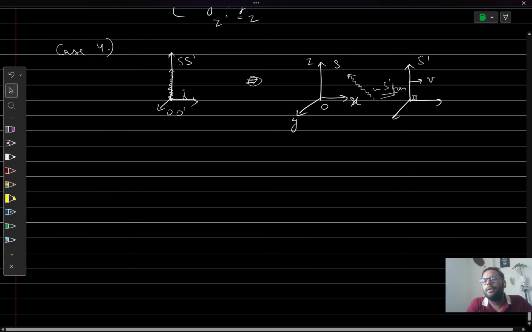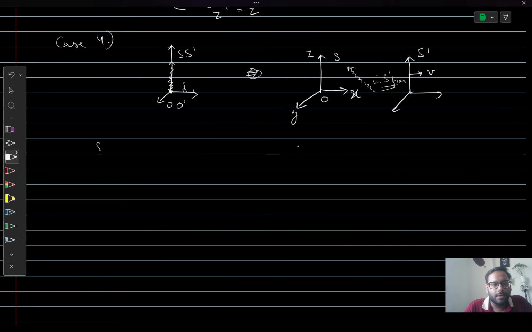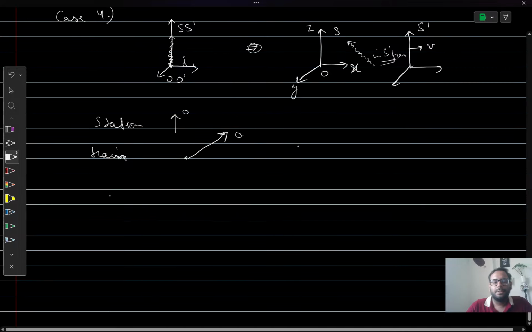Suppose at a station someone throws a ball upward, and you are in a train, and you will find that the ball follows this kind of trajectory.